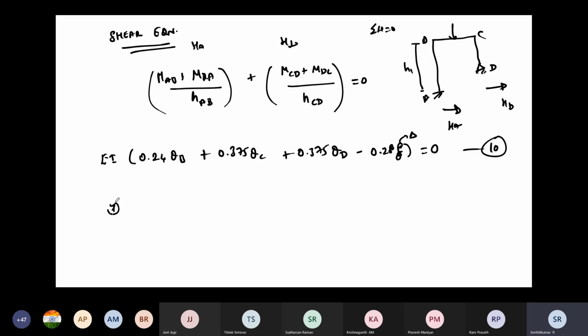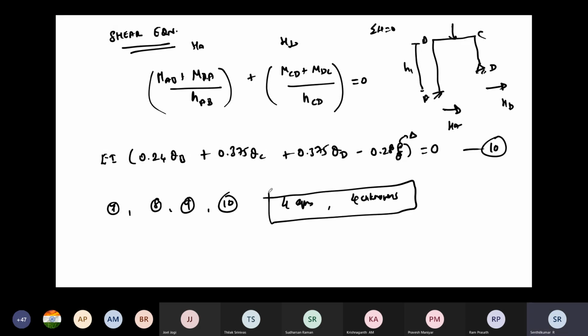So now we have equation number 7, 8, 9 and 10. 4 equations, 4 unknowns. How will you solve? Which method will you follow? Sir, matrix method we can use.